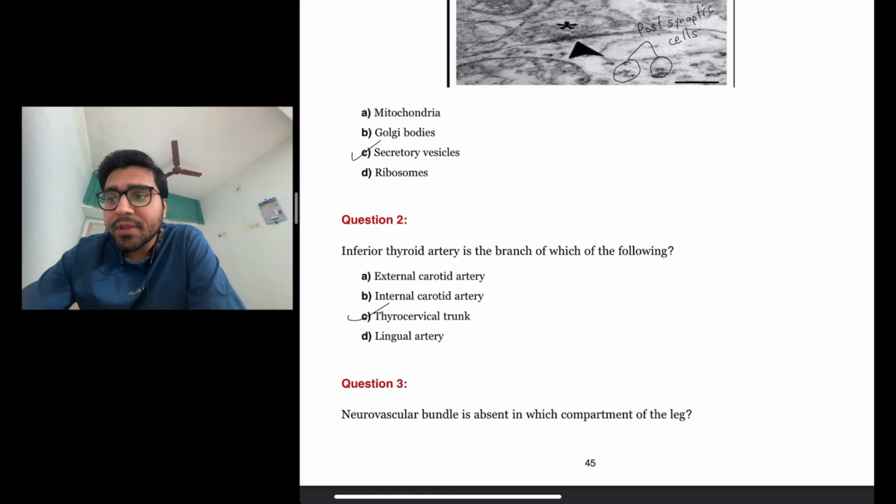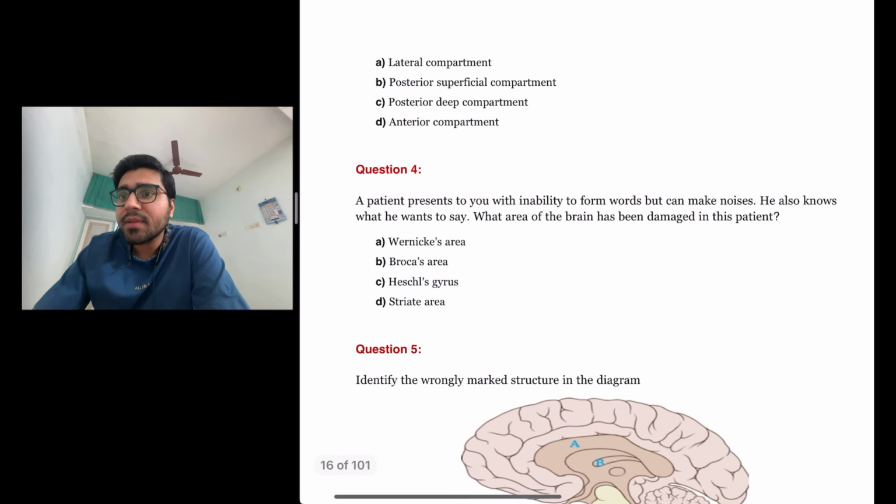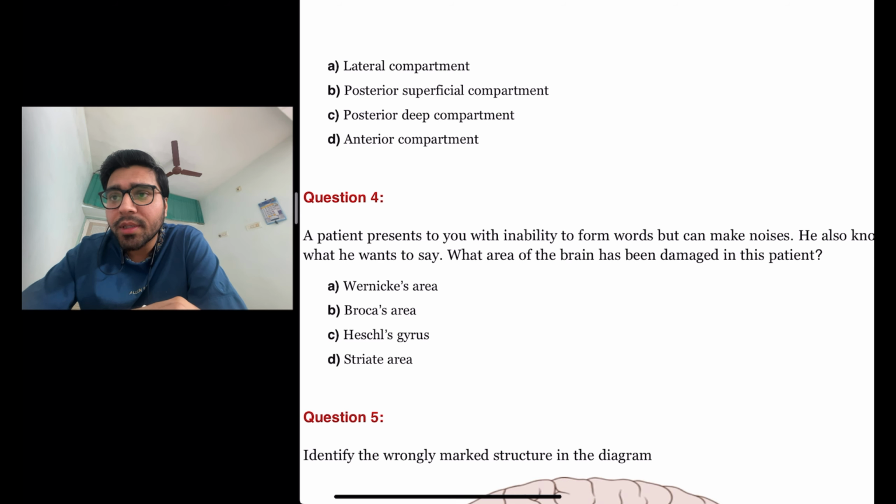Neurovascular bundle is absent in which compartment of the leg? The options are lateral compartment, posterior superficial compartment, posterior deep compartment, and anterior compartment. Let us see what are the different vessels and nerves present in each compartment.